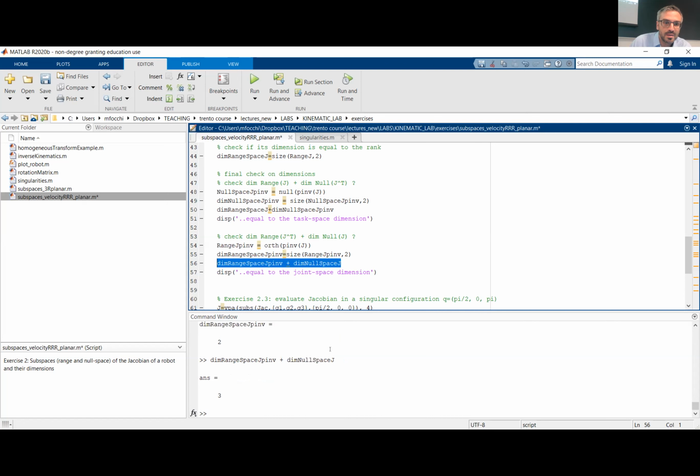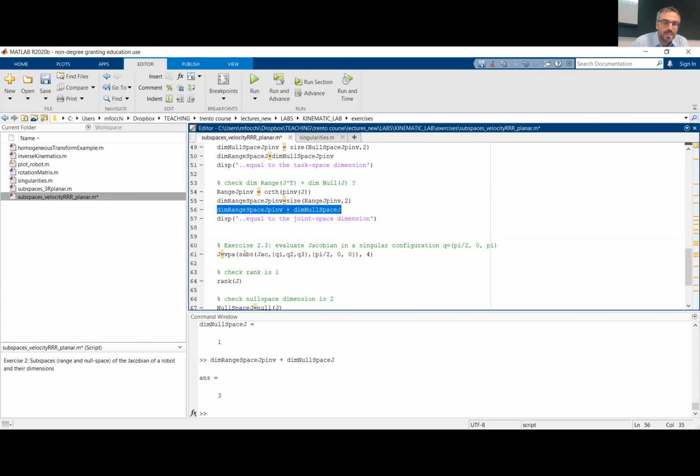And see, this means that if we sum up the range space of J pseudo inverse with the null space of J, which was 1-dimensional, we get the domain that is 3-dimensional. So the theorem is verified.